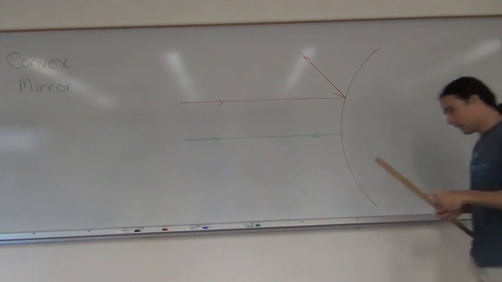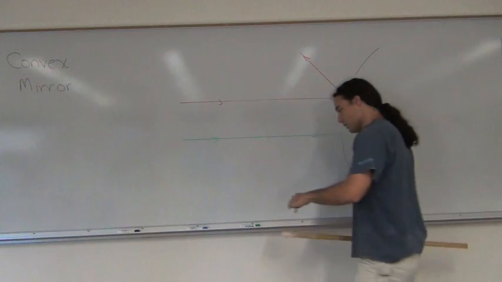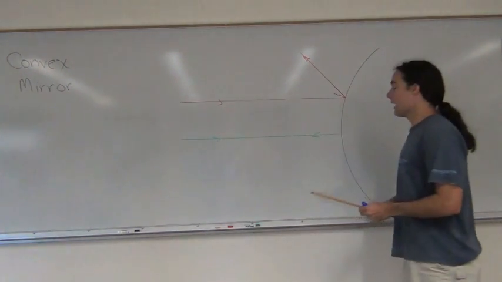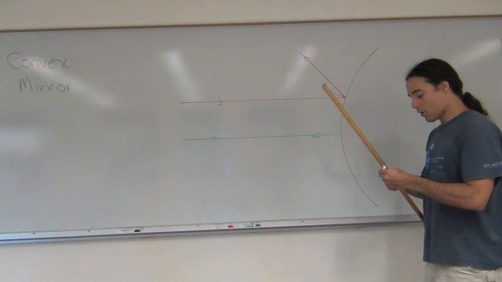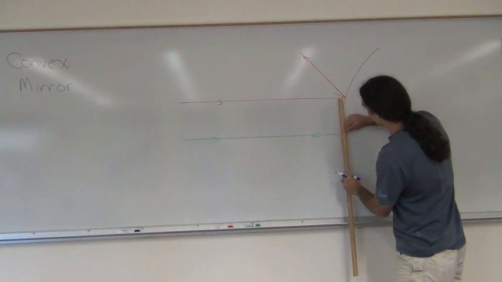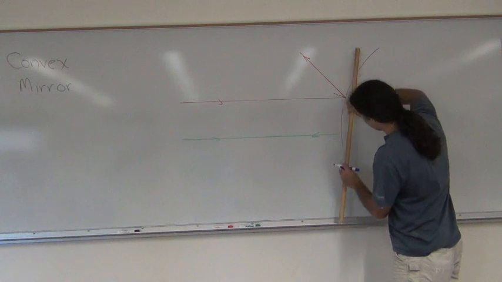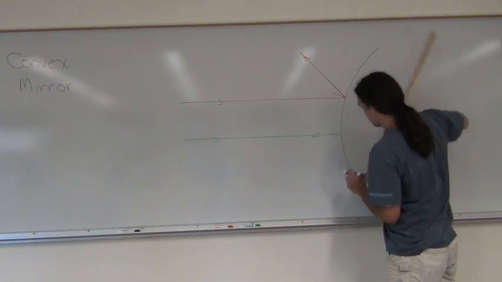I can do the same thing with one more ray of light. I'm going to try to line this up as much as possible. So that's about 20 centimeters above, and I'll get this 20 centimeters below. Just about there.